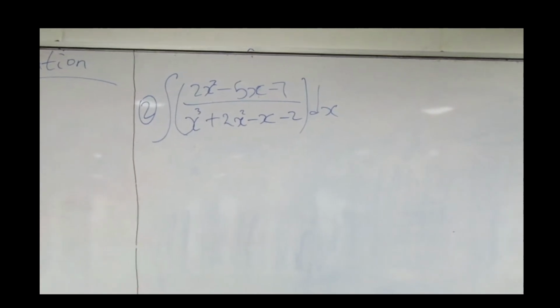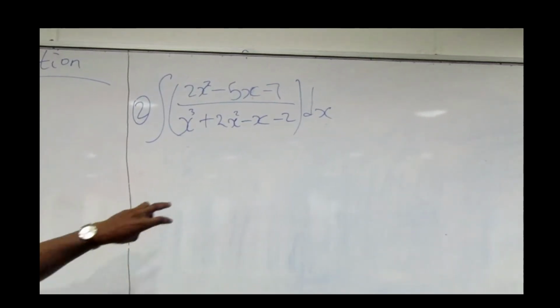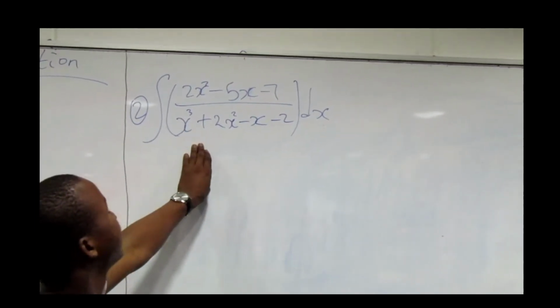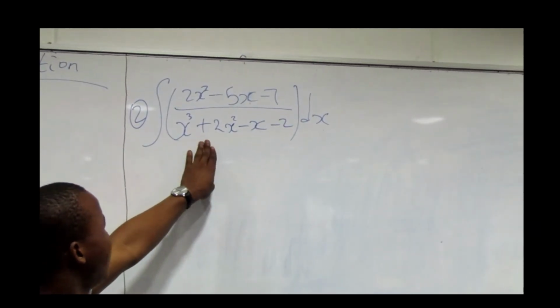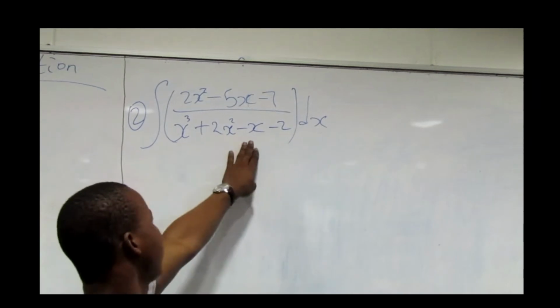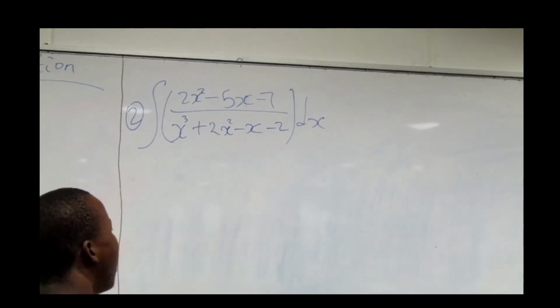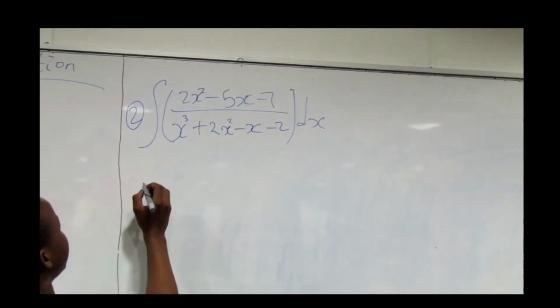The first step that you need to do throughout is to simplify the denominator, and we know our denominator is x cubed plus 2x squared minus x minus 2. How do we simplify it? I'm going to write it here.